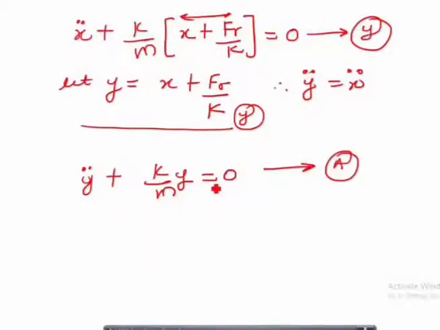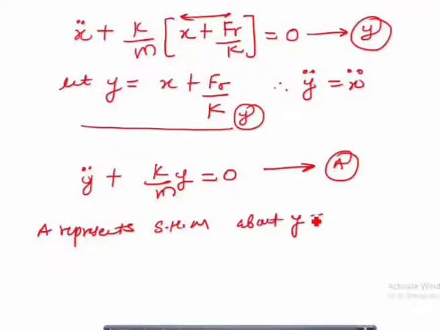Now what does this equation A represent? This equation represents a simple harmonic motion about y is equal to 0. This y double dot plus k upon m times y is equal to 0 represents a simple harmonic motion. So what will you get from this?